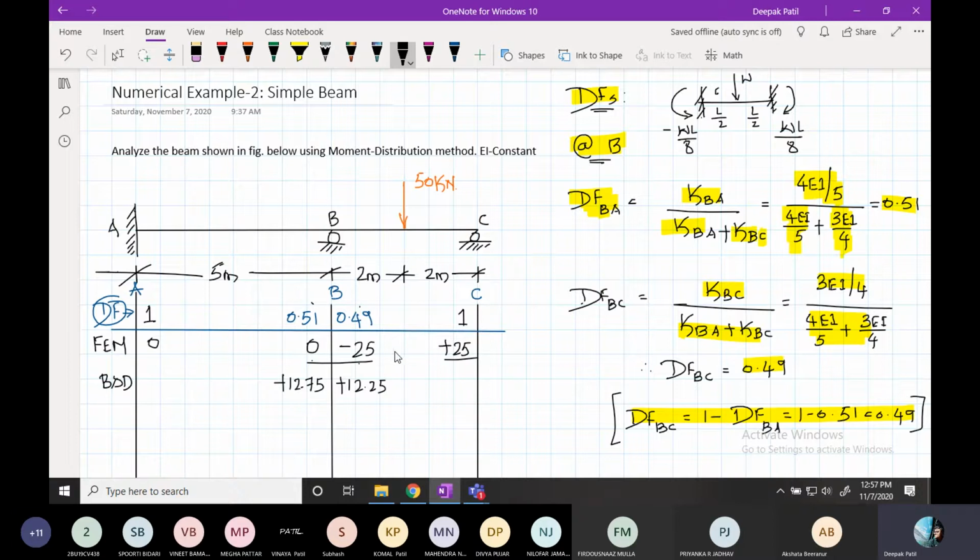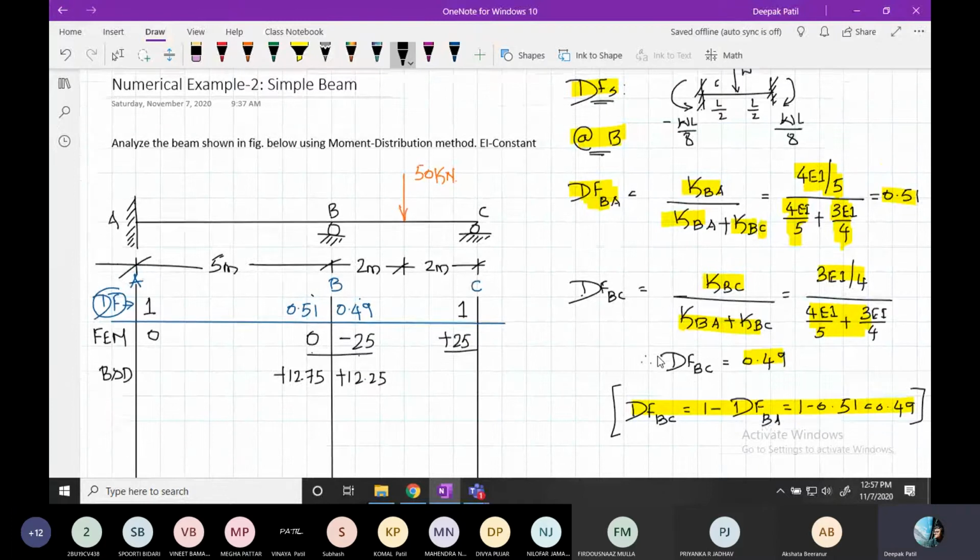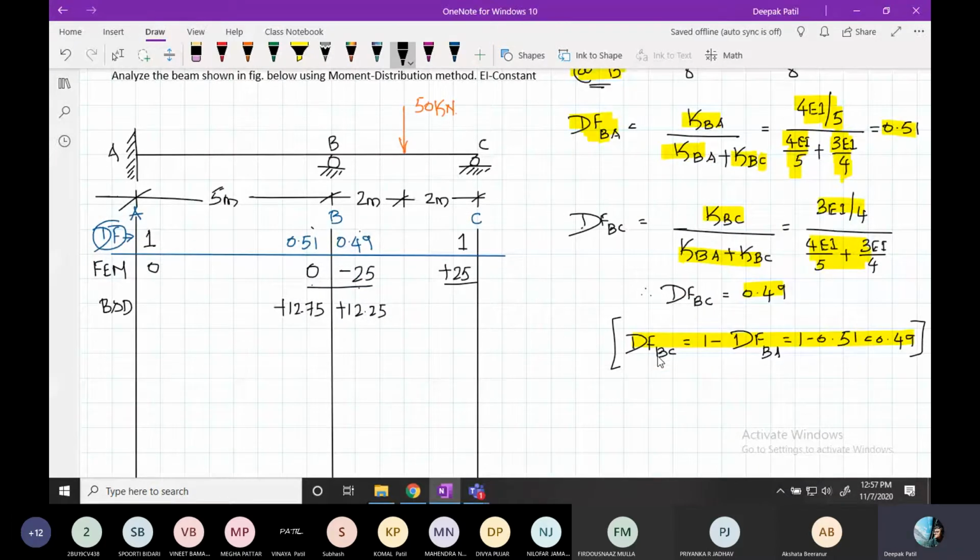Can anybody tell me why it will be 1? Okay, no issues. Let me prove that. At C, let me find the distribution factor. How many components are joining at C?